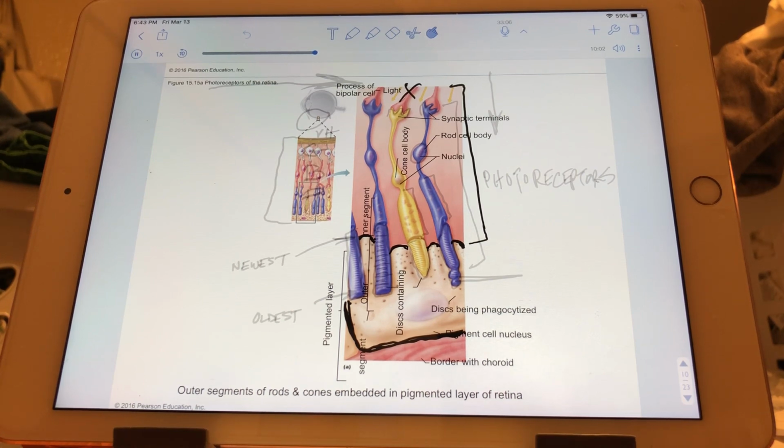okay? Light is coming in from this direction, or really because of the way that the illustrator is showing us, or orienting his eye, I should say. It's coming in from this direction, but whatever. Bipolar cells are synapsing with photoreceptors. These guys are the photoreceptors.